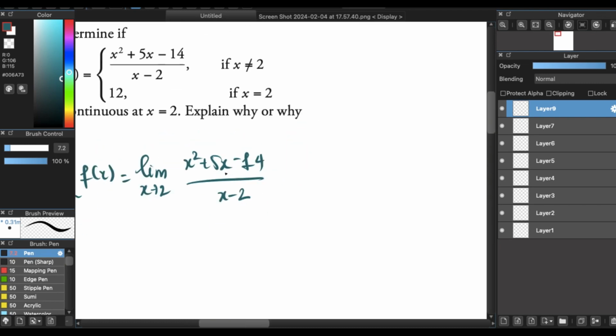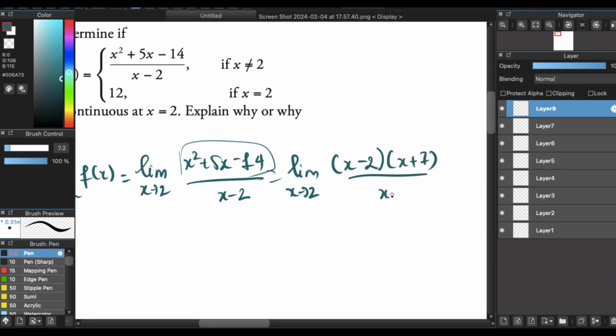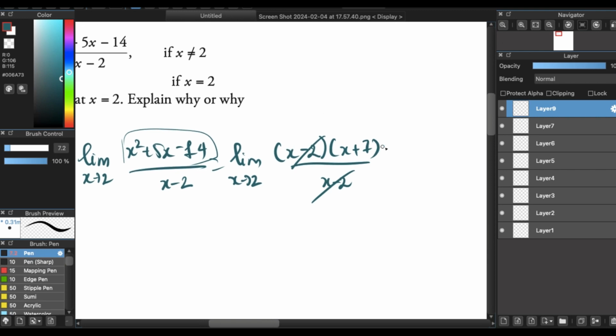If you substitute 2 right here, it looks undefined, but we can totally factor it out. This polynomial can be rewritten as this, and we cross out x minus 2, and we're left with x plus 7, which is going to be 9.